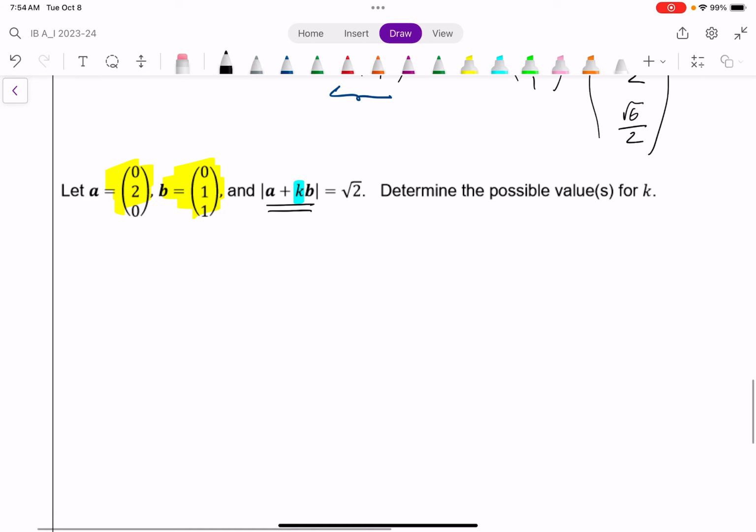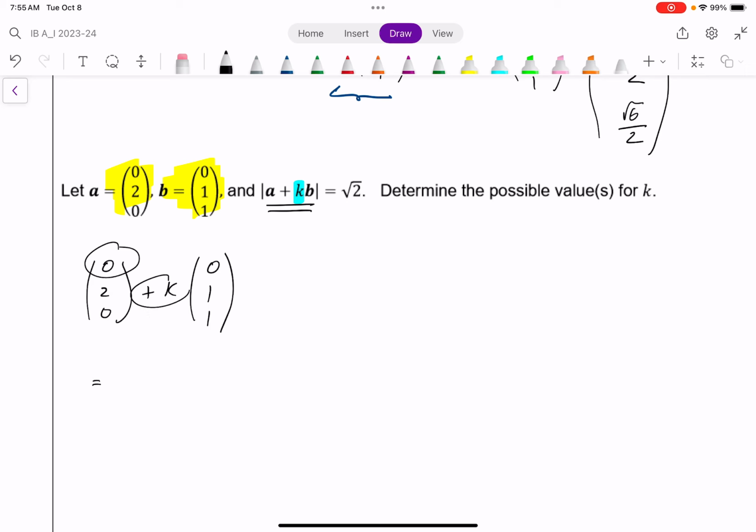A plus kb looks the same as 0, 2, 0 plus k times 0, 1, 1, which is actually quite pleasant. We get 0 plus 0 times k, so 0. We get 2 plus k times 1, so 2 plus k. And we get 0 plus k times 1, so just k.